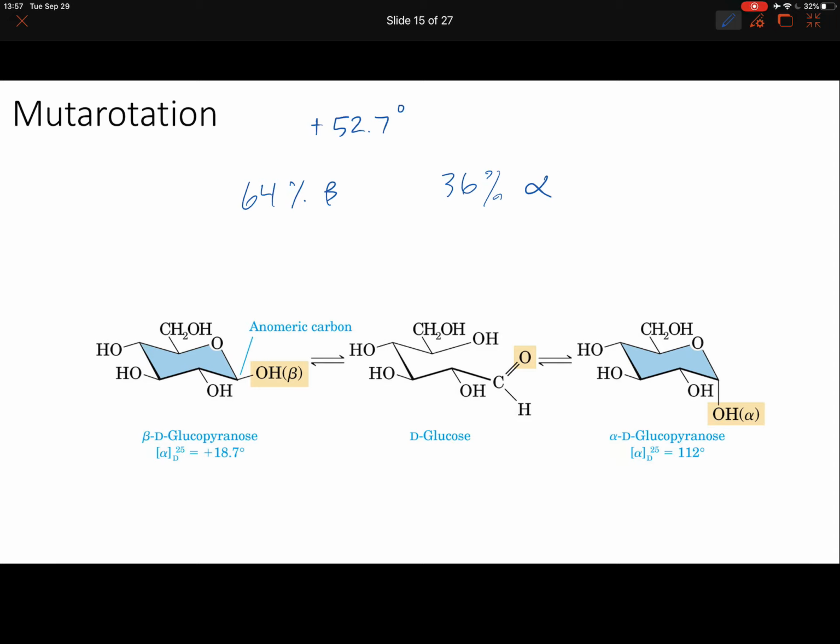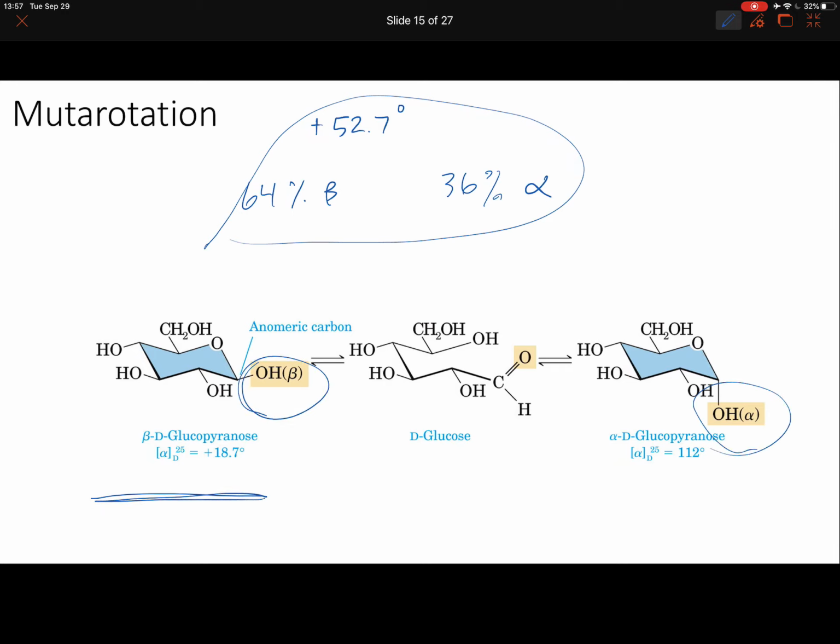But because there is a rotation, and we don't have to go through the math or see any of that, so you don't need to worry about the specific equilibrium value, we know that this has to do with the relative amounts of the beta anomer versus the alpha anomer, and there's more beta. What that means for us, though, is that these things turn back into each other.